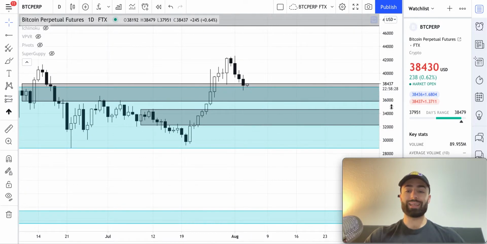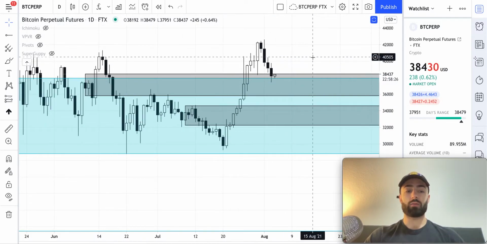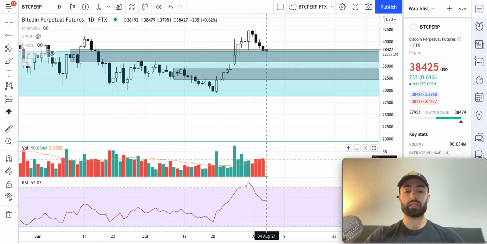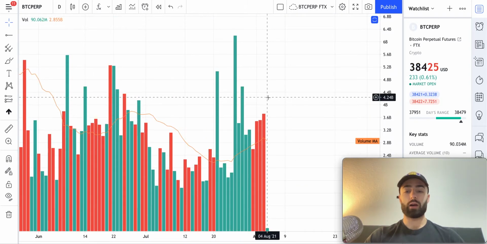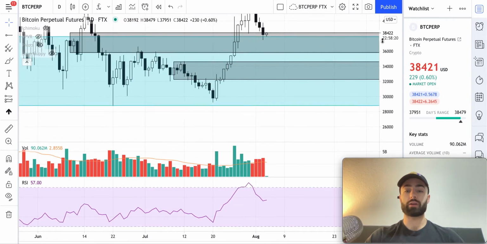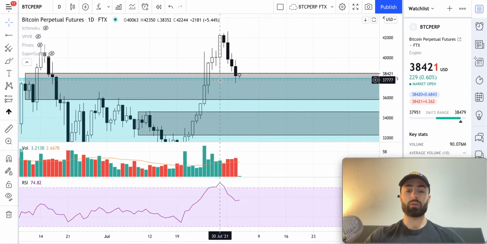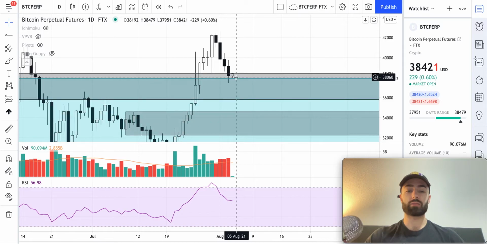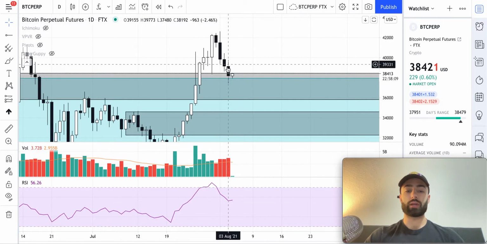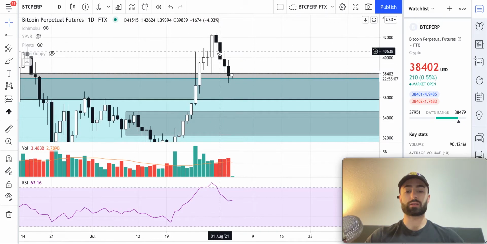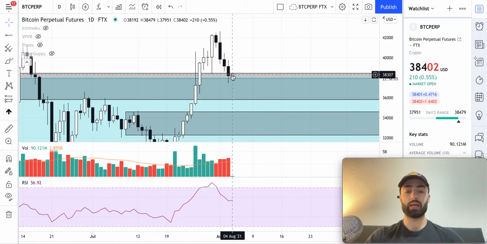So if we look at this from a daily candle perspective, real quick, you can see we have this increasing bear volume here, which is, if you're a bear, very good news. If you're a bull, obviously not very good news. Yesterday's candle was not very convincing in terms of bulls pushing the price up, or that this drawdown is going to stop today.